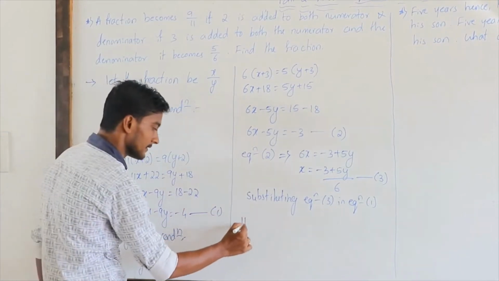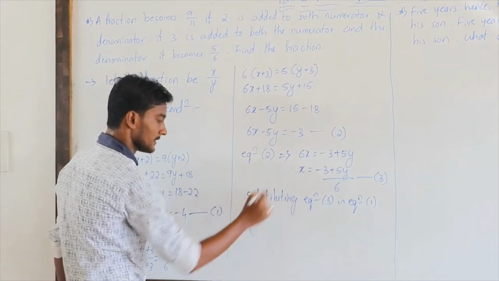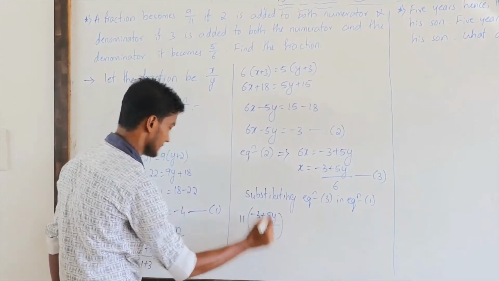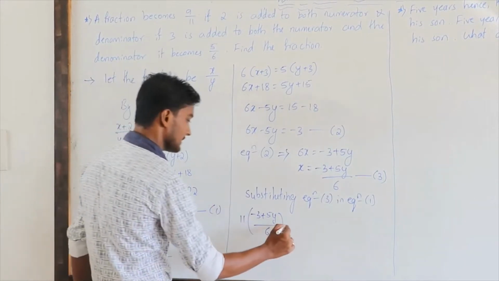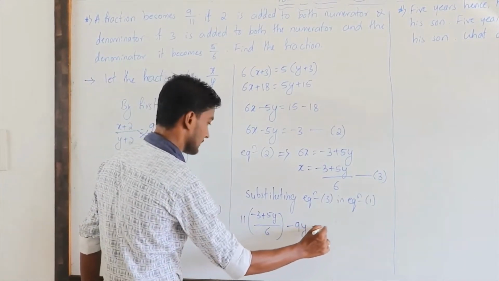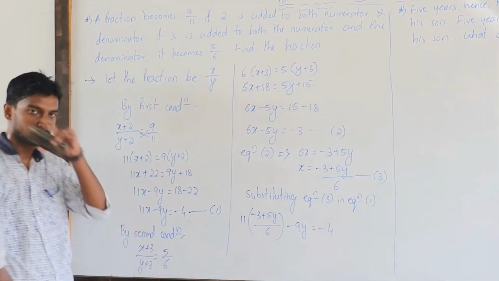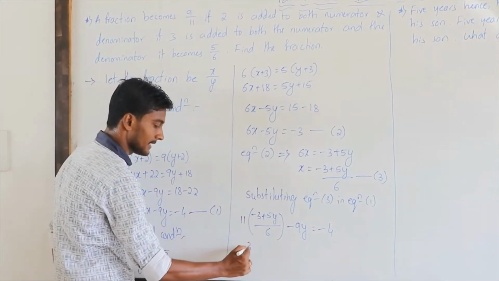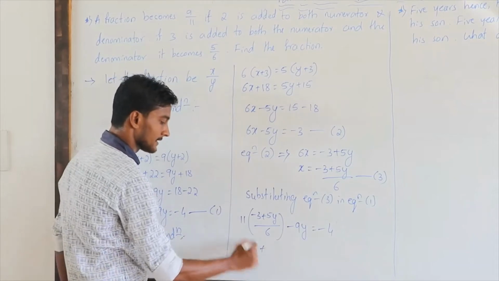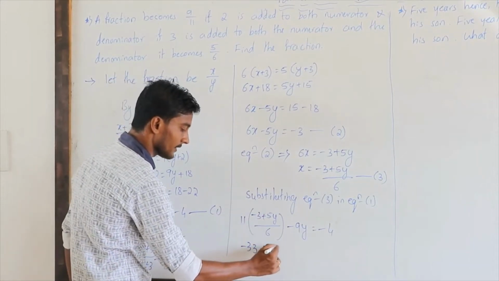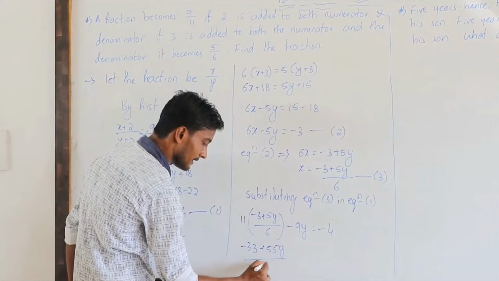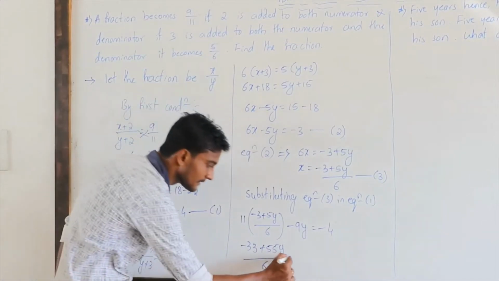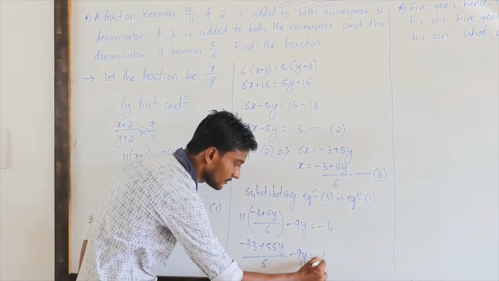So 11 into the bracket, x value is minus 3 plus 5y divided by 6, and minus 9y is equal to minus 4. So remove the bracket: 11 into minus 3 is minus 33, plus 11 into 5y is 55y, whole divided by 6, and next minus 9y is equal to minus 4.